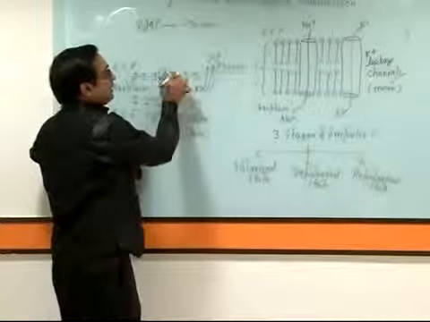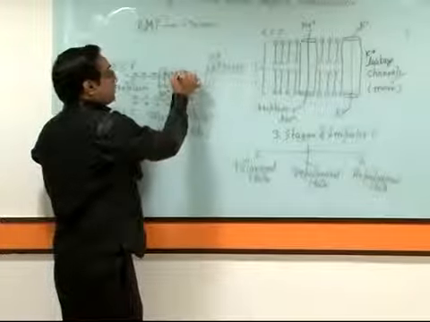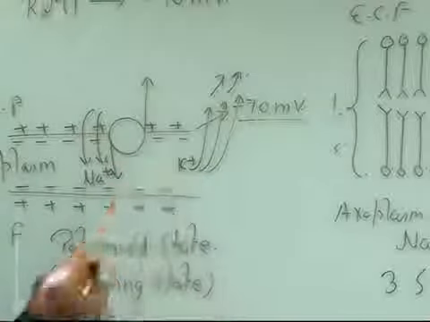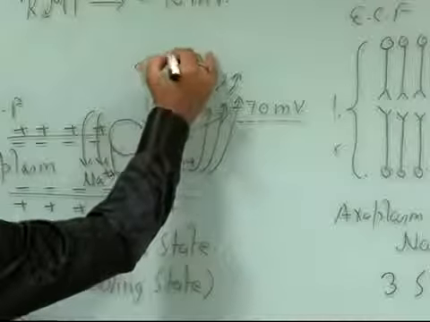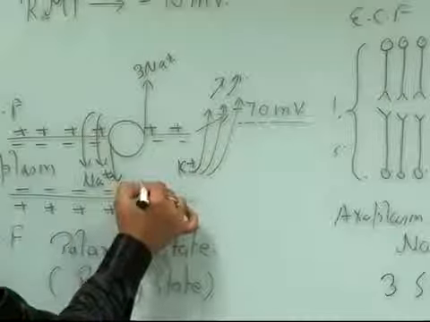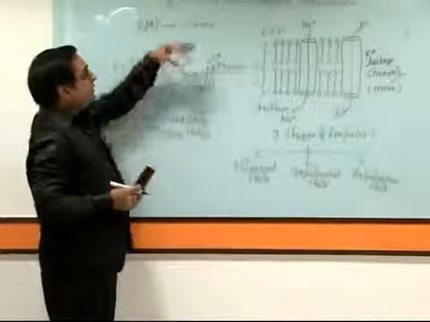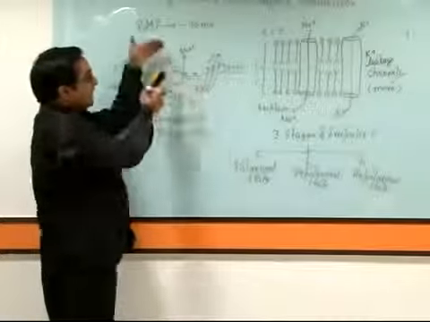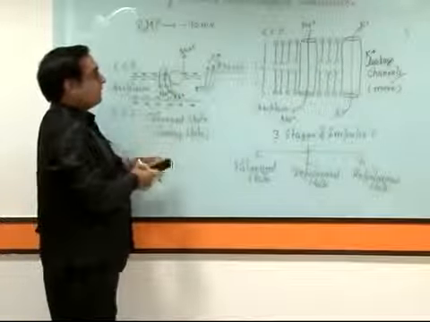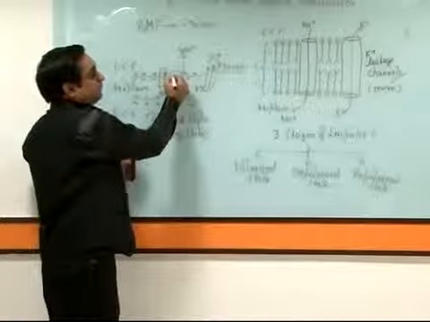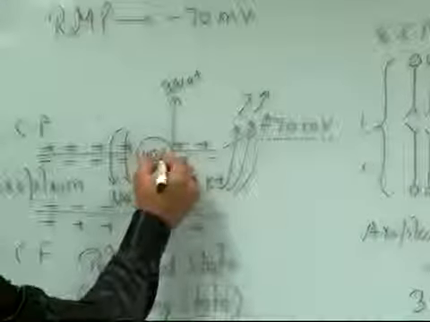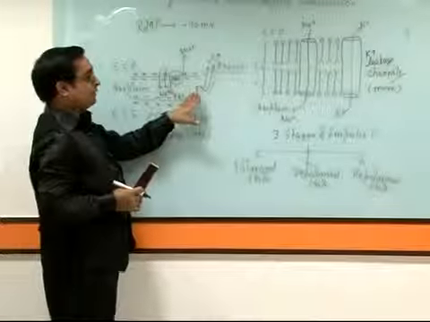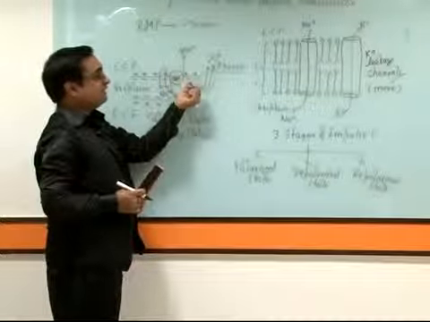Plus, in the axolemma, we have a structure called sodium-potassium pump, which keeps on throwing 3 sodium ions out and brings 2 potassium ions in. Means more of the positive charge is leaving the cell or the axoplasm and less of positive charges coming inside. This sodium-potassium pump uses 1 ATP. One question still remains: both the charges are positive, then why are we saying that inside it is negative?